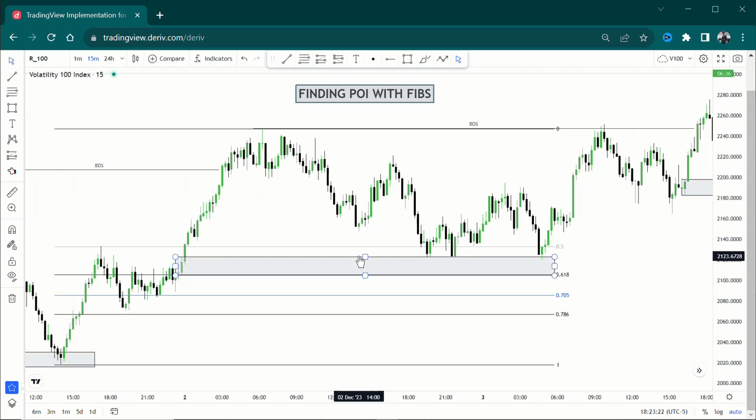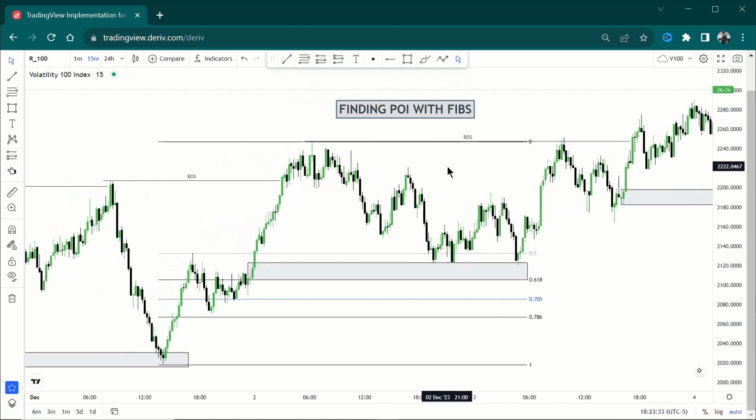What I mean by that is you have two sections on a Fibonacci retracement. You have the area below this 0.5. This 0.5 here is the middle of the Fibonacci retracement, just 50% in short.